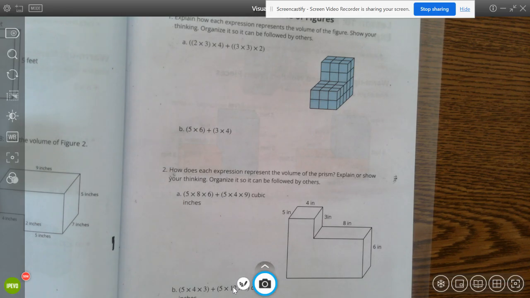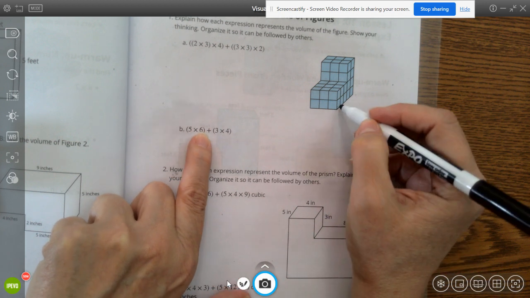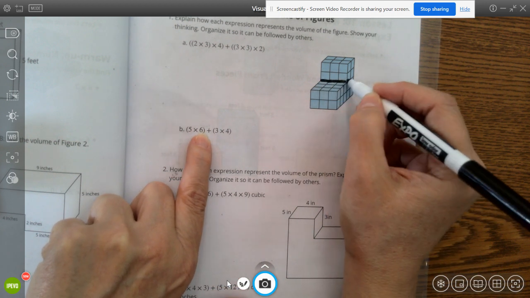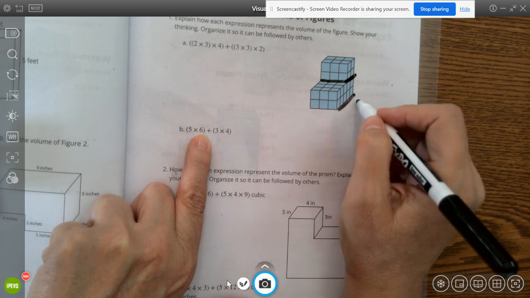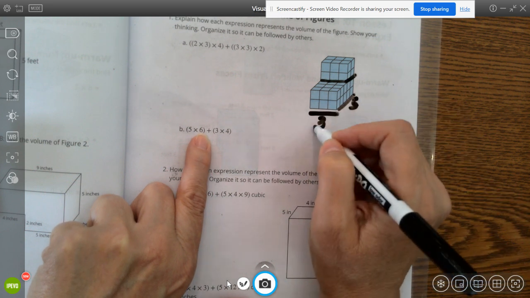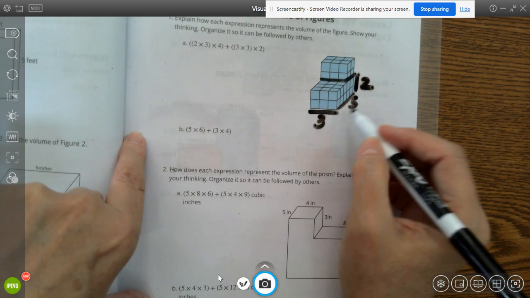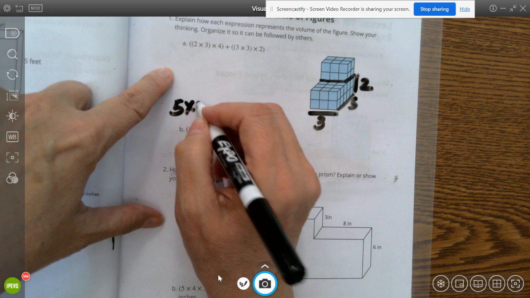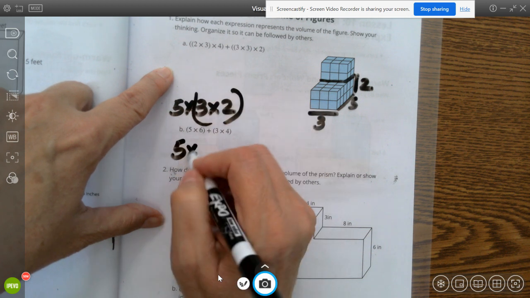Okay, so what we're trying to do is we're trying to find a 5 and a 6. And when I first broke apart this, I had 5 here, I had 3 here, and I had 2 here. And we all know 5 times 3 times 2 is the same as 5 times 6.